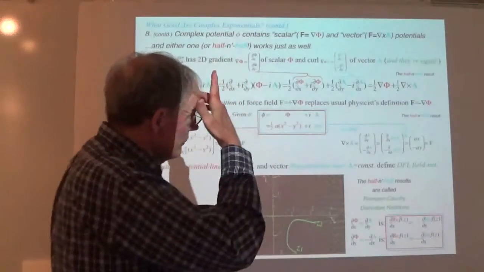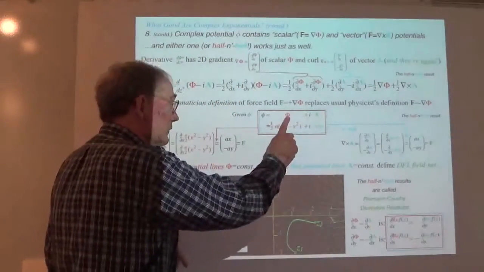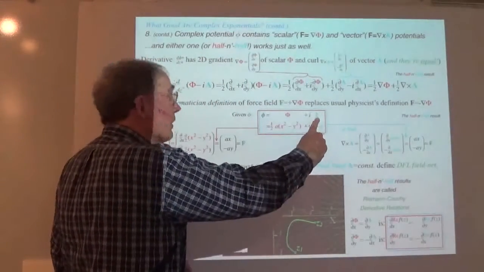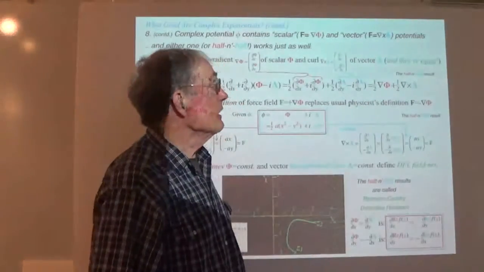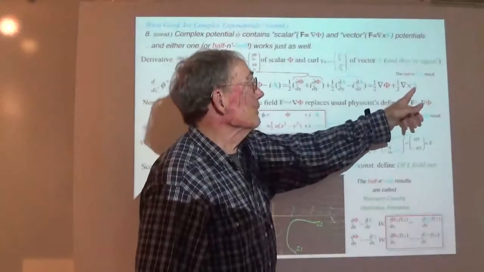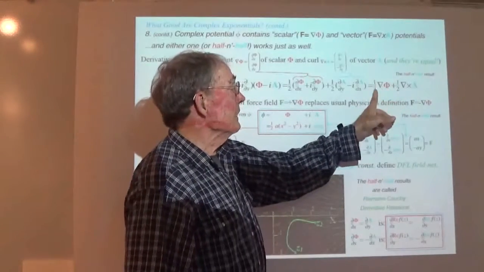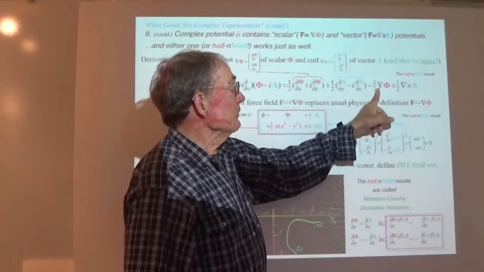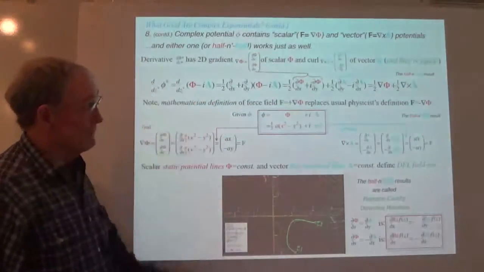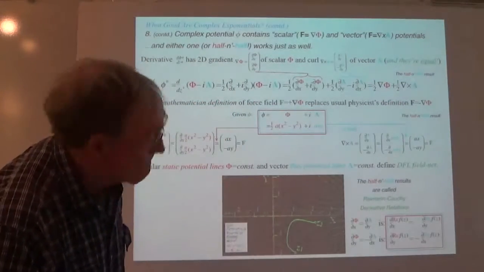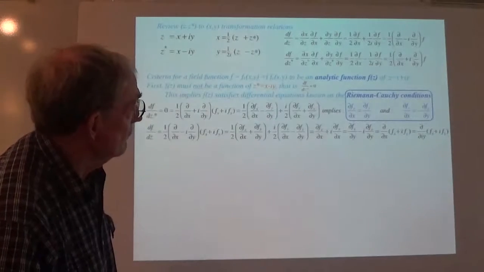So you can do all of your work with just one or the other, and that's what this half and half business is. Since these are both contributing equal amounts, it doesn't matter. As long as these two numbers add up to 1, you're going to get the same vector. So that half and half business is very great.